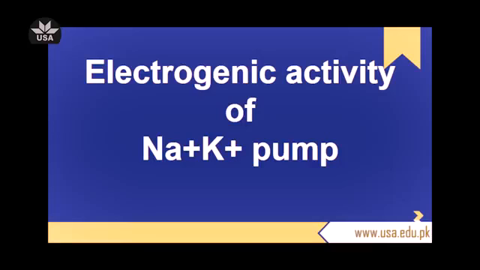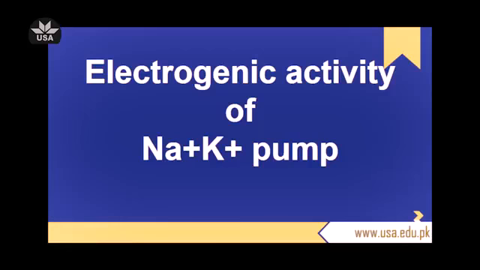Electrogenic activity of the sodium-potassium pump. Basically, the sodium-potassium pump moves 3 sodium ions outside the cell and 2 potassium ions inside the cell. Thus, when the pump works once, there is a net loss of 1 positively charged ion from the cell.